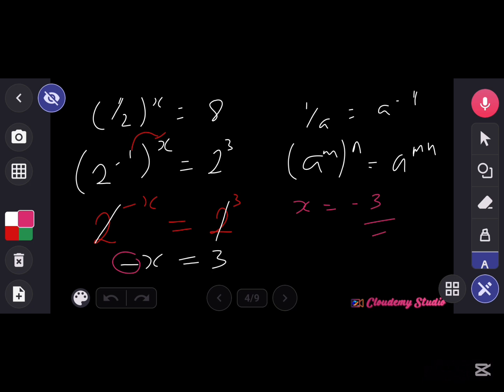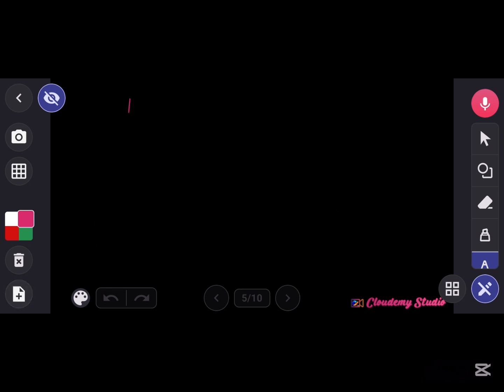If you want to cross-check, let us cross-check. Let us say (1/2) raised to power minus 3, because whenever we see x, we put minus 3. That is the same thing as 1 raised to power minus 3 divided by 2 raised to power minus 3. And we know that 1 raised to any power equals 1 itself. 1 raised to power 1 million equals 1, 1 raised to power 1 billion equals 1.